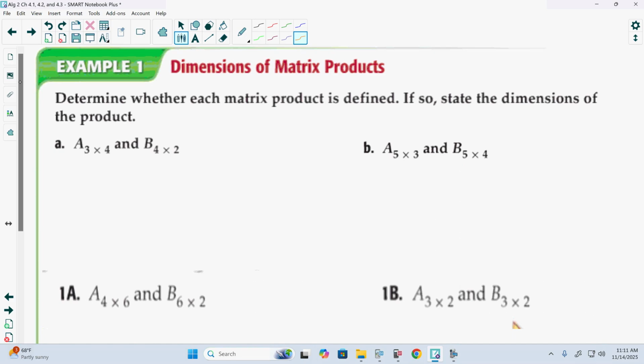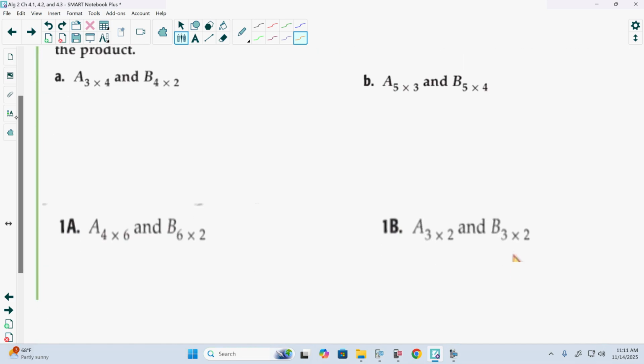So let's see how this works. If we look at this here, A times B. For us to be able to multiply, since A is first, its columns have to match the rows of the second, which is the rows of B. So the columns of A is 4, the rows of B is 4.